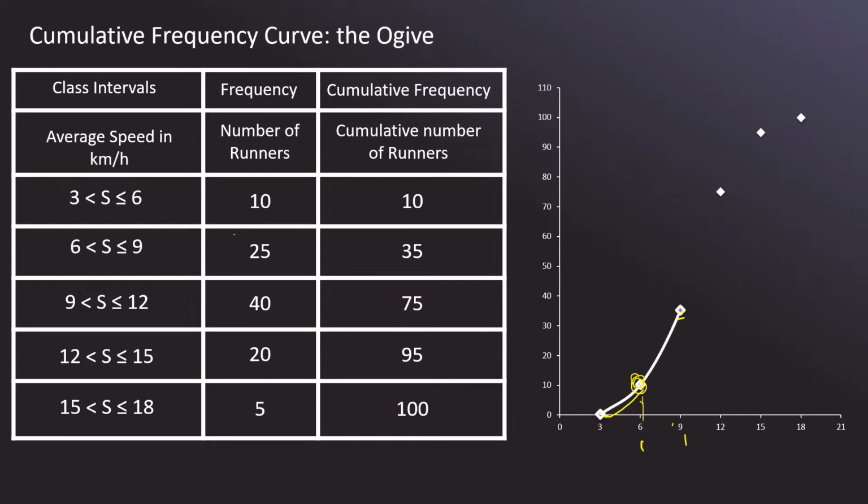The same between 9 and 12, we know that our frequency between this class interval is going to reach up to 75. Between 12 and 15, the cumulative frequency lay at 95. And between 15 and 18, the cumulative frequency was 100.